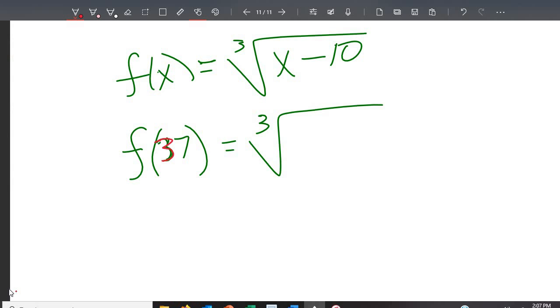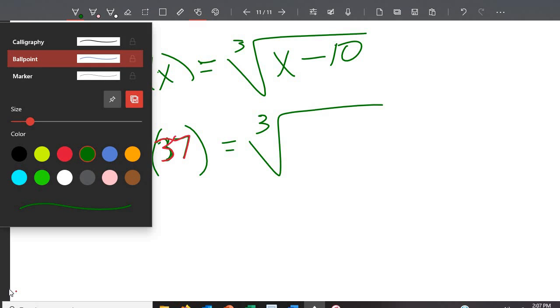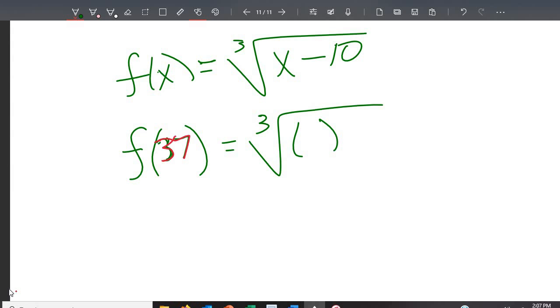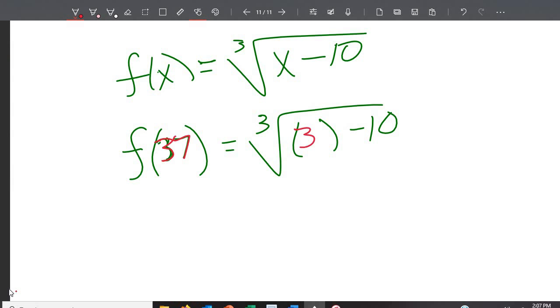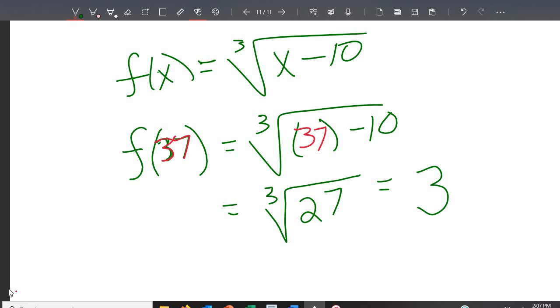So I want 37 here, which means in my parentheses where the x is, I'm going to put a 37. Let's simplify what's underneath: 27. And then we take the cube root of 27, and we know 3 times 3 times 3 is 27, so the cube root is 3.